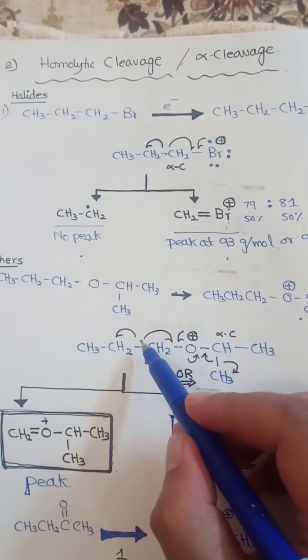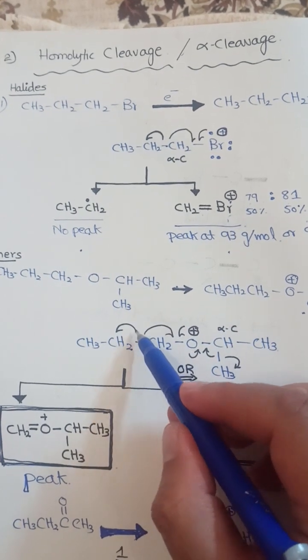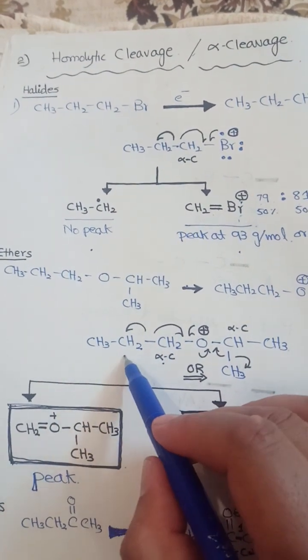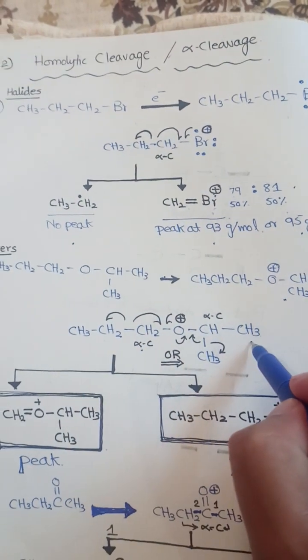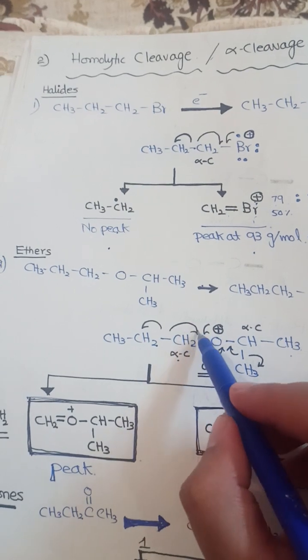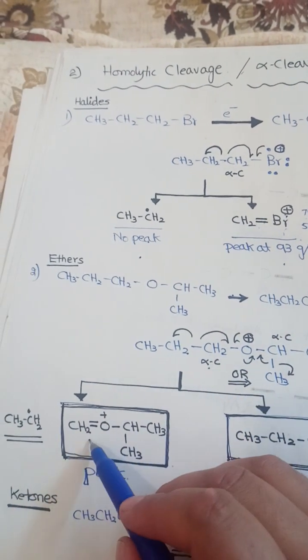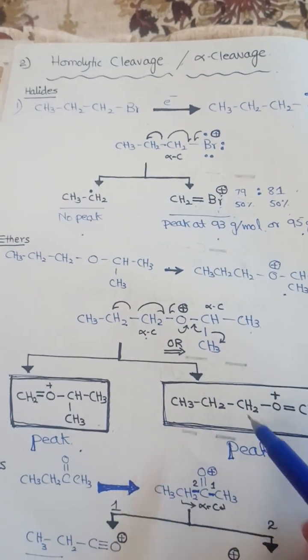So in this case, when homolytic cleavage occurs, one electron will be shifted here and this electron will be shifted here. We will get this free radical, and from this end to this end we will get a peak and a double bond will be here. So here we get a double bond and this will be a positive ion peak.